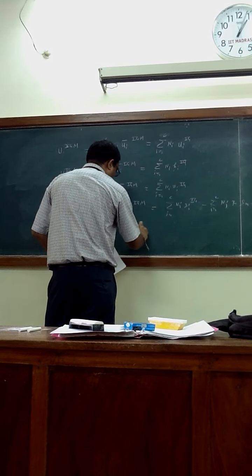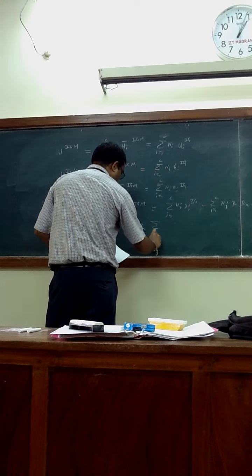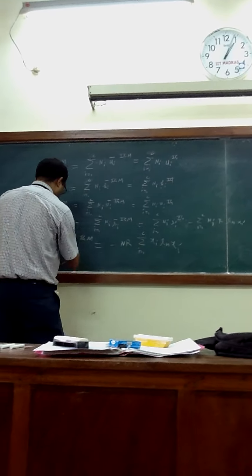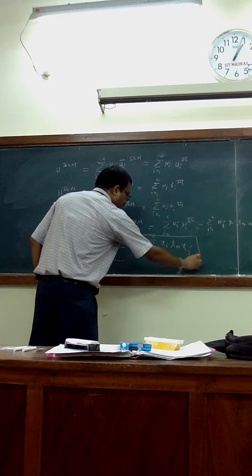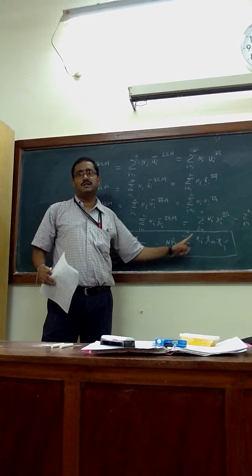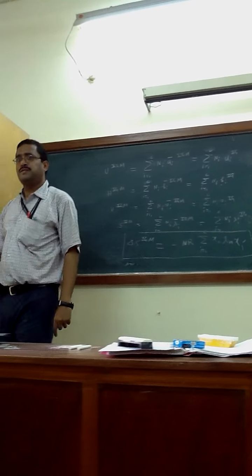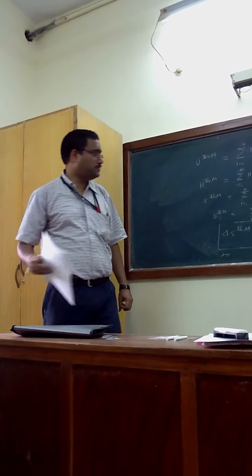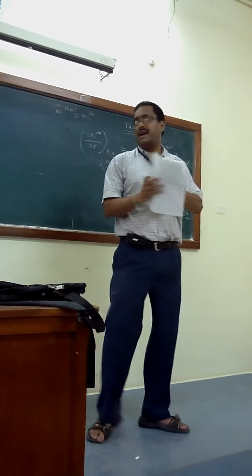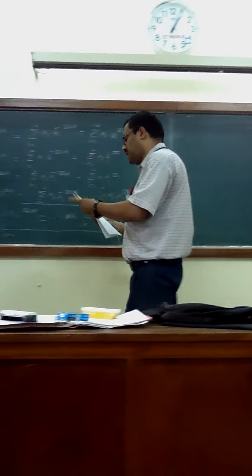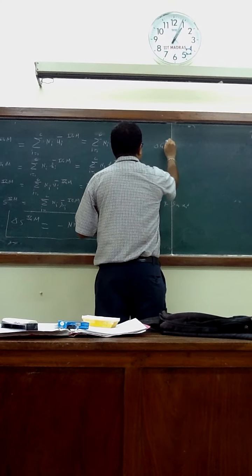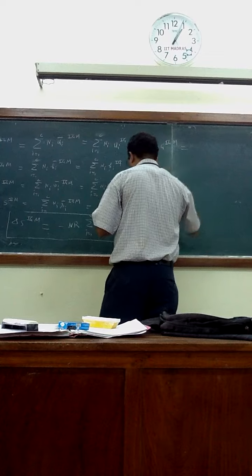It will be minus nR summation i equals 1 to C of x_i ln x_i, a very compact form, since n times x_i is n_i, right? Correct? Similarly, can you have an expression for delta G igm? What will happen?